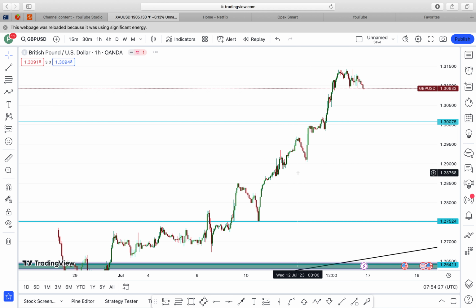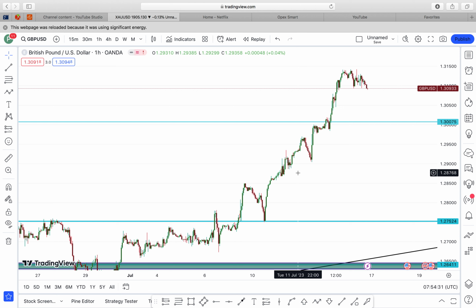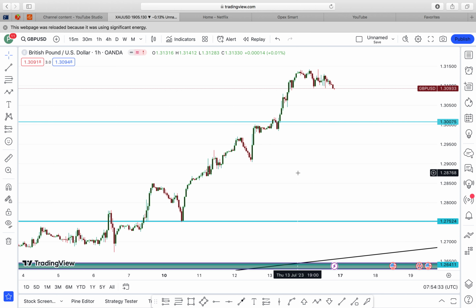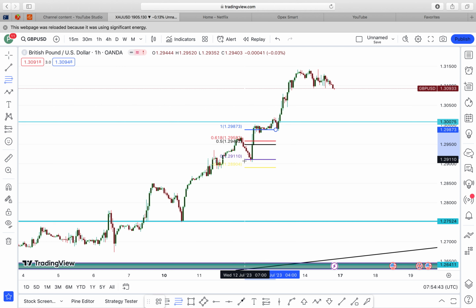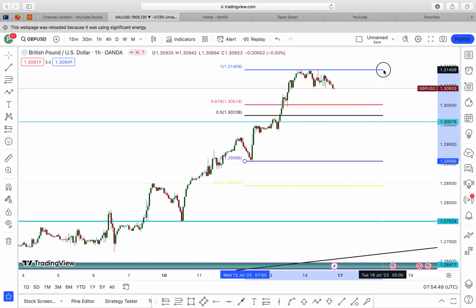The market is actually trending. So simple. Fibonacci shows here, swing low, swing high.